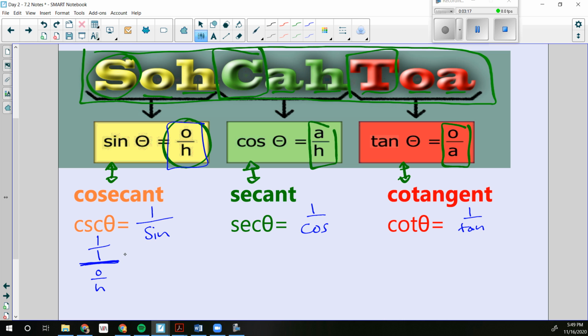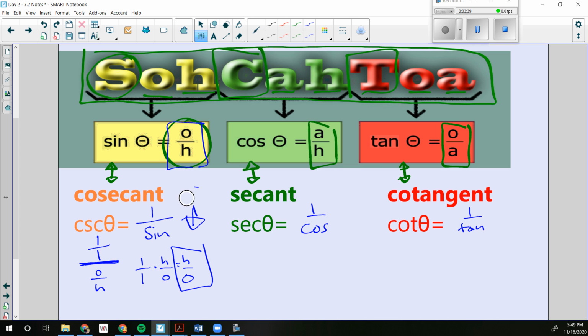So I'm going to multiply this by its reciprocal, 1 over 1 times, flip and multiply, hypotenuse over opposite. 1 times h is h, 1 times o is o. So now cosecant actually equals h over o, which is the exact opposite of what we had up here.